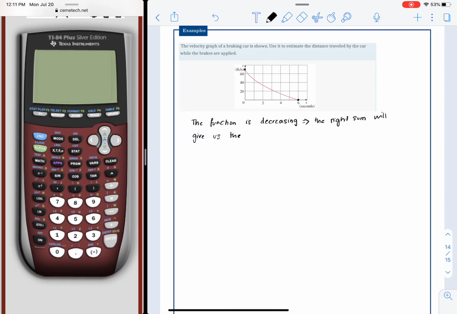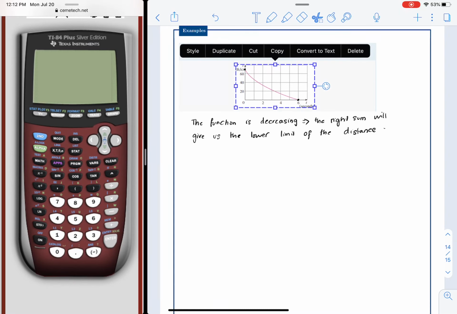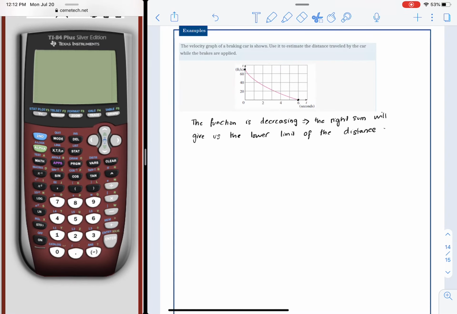It's the lower limit. Of course, it's better to try both of them and see which gives a good estimate.